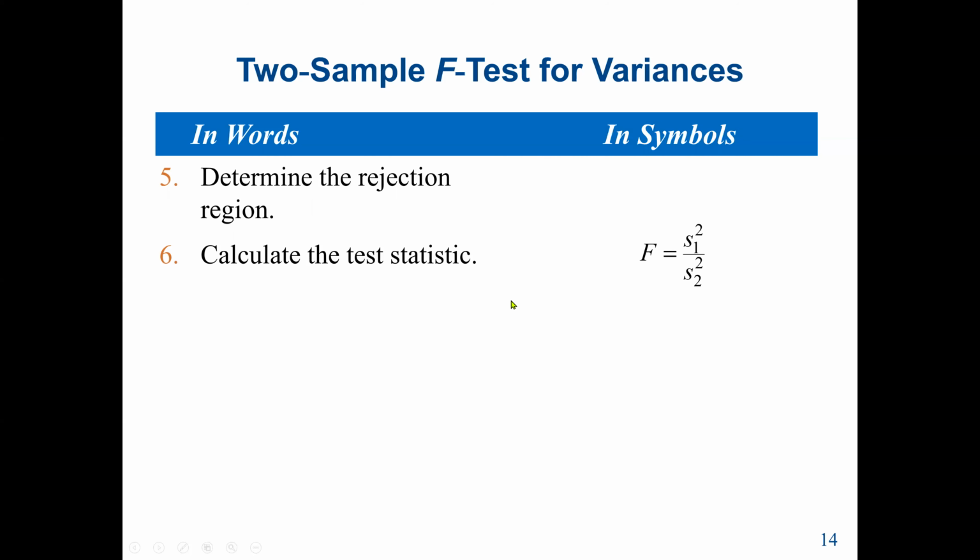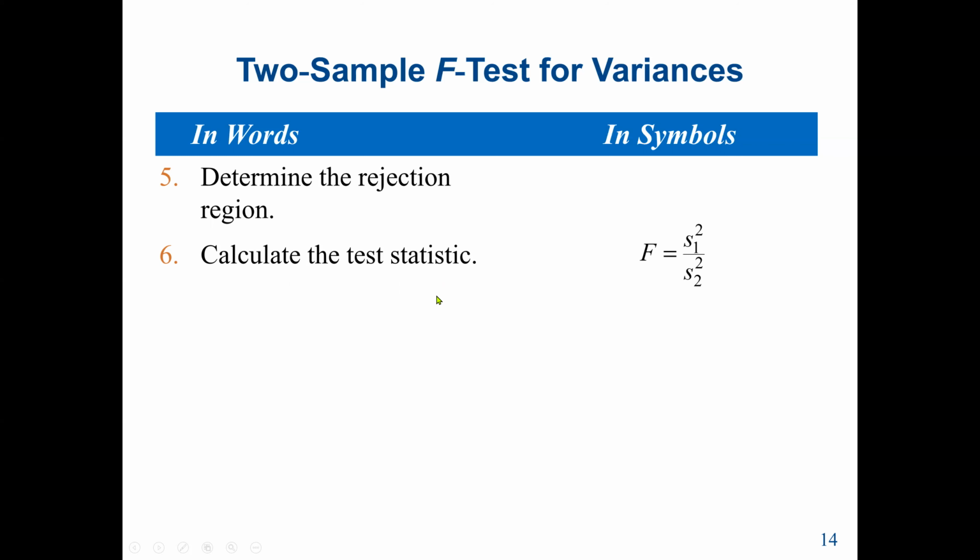But with the F distribution, we need two degree of freedom values: the degree of freedom for the numerator and the degree of freedom for the denominator. So we have the alpha level, the degree of freedom for the numerator, and the degree of freedom for the denominator.